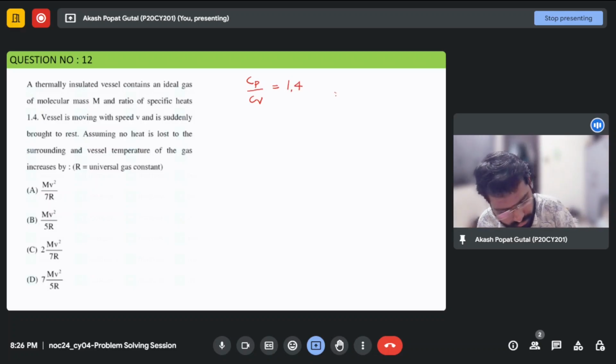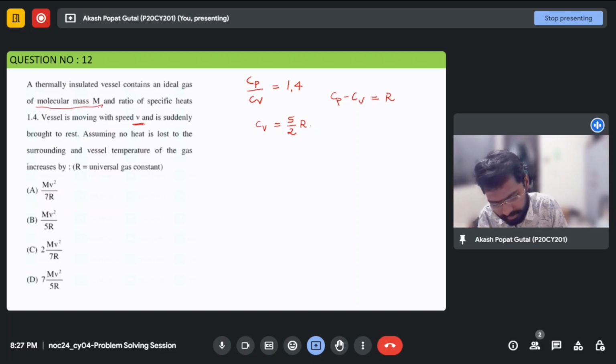So we know that CP minus CV is equal to R. And for 1.4, as we know, for a diatomic gas the CP by CV is 1.4, then CV is nothing but 5 by 2 R. And what they are saying is the vessel is moving with speed v and is suddenly brought to rest.